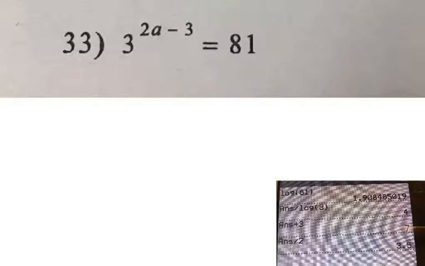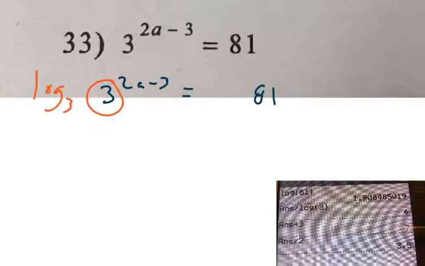Okay, let's speed things up a little bit. I'm giving myself some more room to work with here. So what am I going to do this time? Well, since it's a 3 power, let's do a log base 3 on that 3 power. So we're doing a log base 3 on both sides. What does that do again? The 3 base goes away.